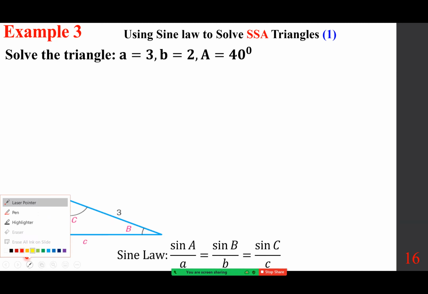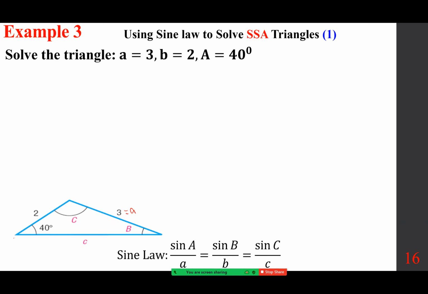But if we were to write this, we would recognize this is lowercase a, so this must be capital A. And this must be, it says it itself, capital C. All right, so according to this, I can say sine of A, which is 40 degrees, sine of 40 degrees, over A, which is 3, sine of B over 2, because sine of B is missing.